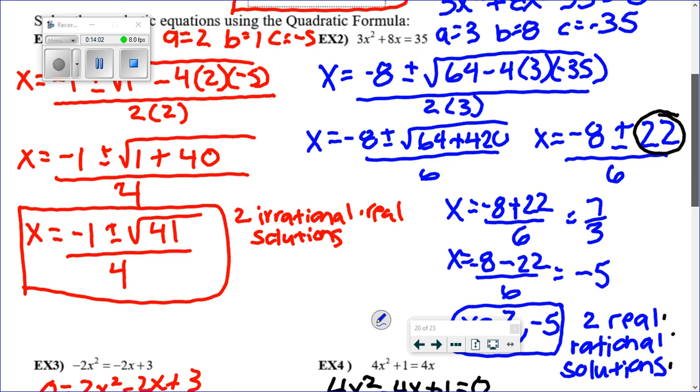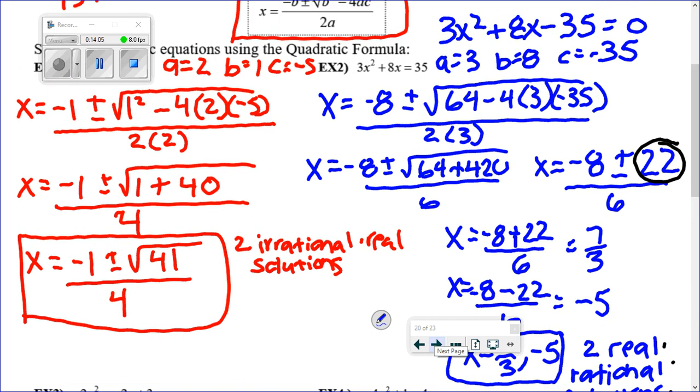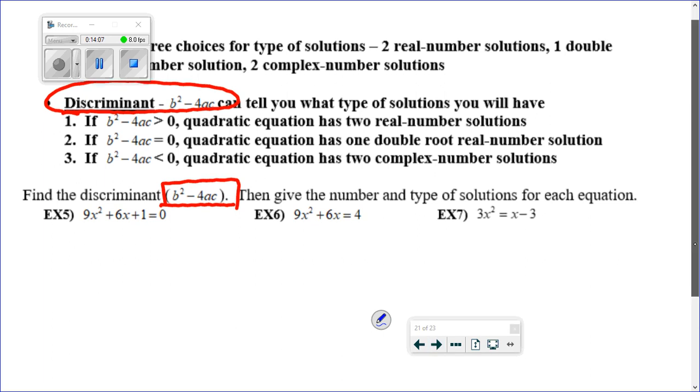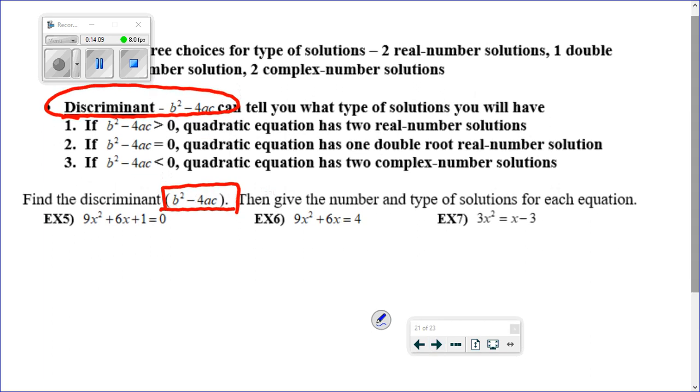Looking at what the discriminant tells you right here, we just talked about that. If your discriminant was greater than 0, a positive number, it has two real solutions. That was examples 1 and 2. If your discriminant was equal to 0, it only has one real solution.